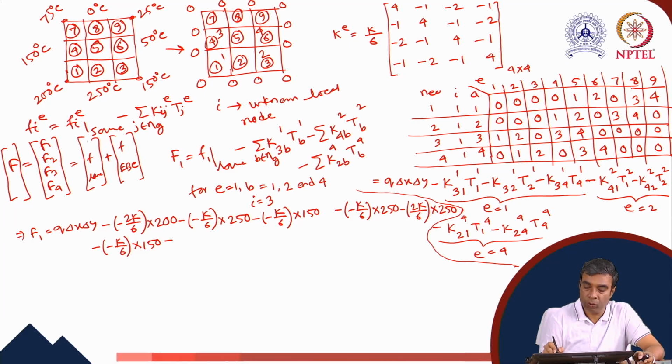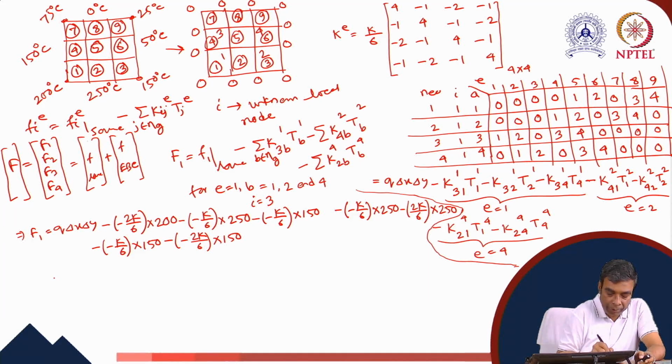K244 is minus 2k by 6, so minus 2k by 6 into 150. Here we put q into delta x equals to 0.5 equals to delta y.